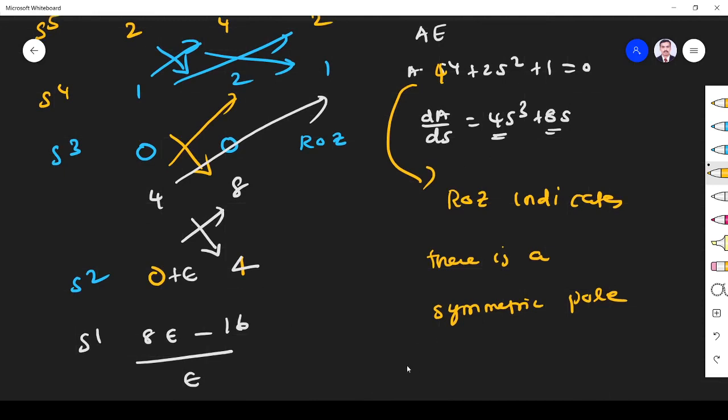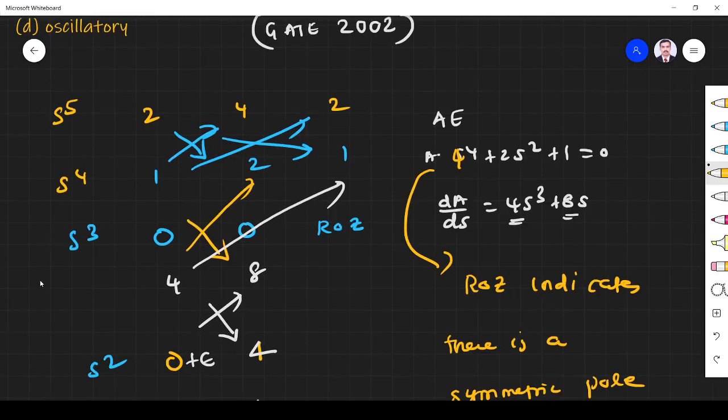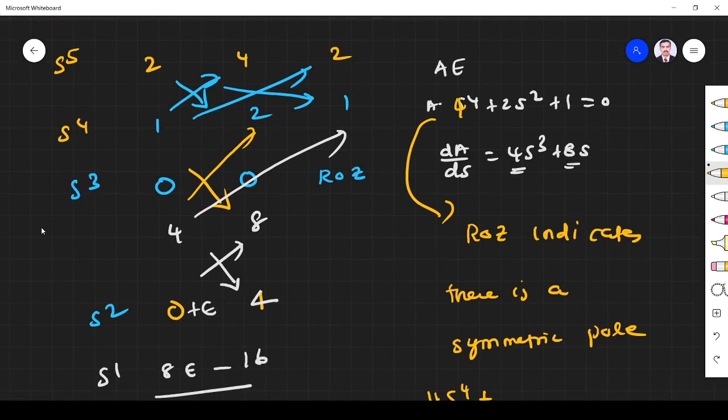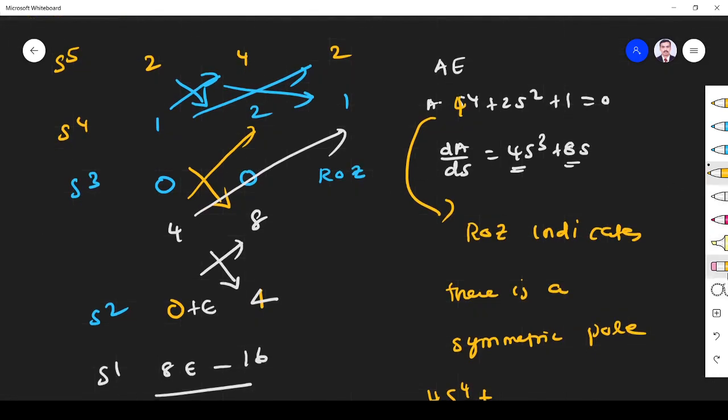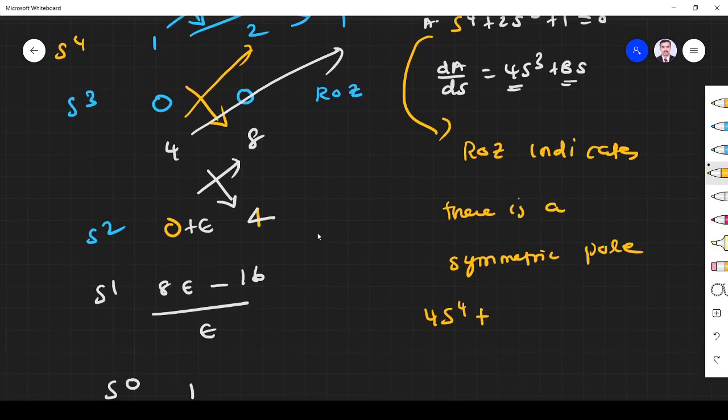So what is the auxiliary equation? It is s power 4 plus 2s squared plus 1 is equal to 0.